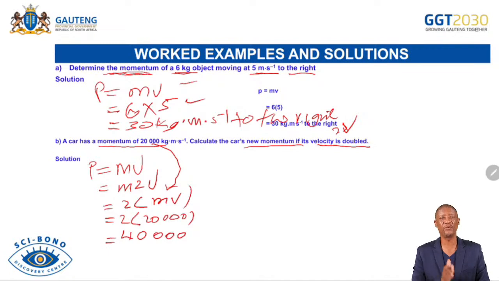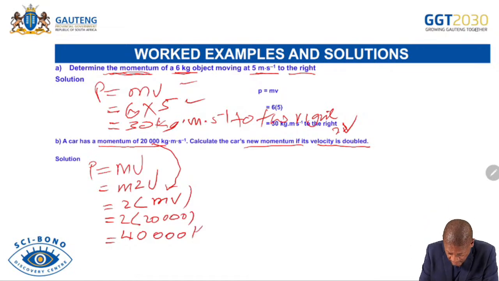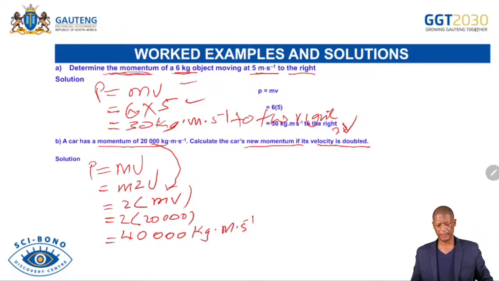You can't leave your answer without the SI unit. You can't. So this is going to be kilogram meters per second. This is your answer. It's very important. And then where does it go? In the direction of your velocity. All right? Because it's what? It's a vector quantity.